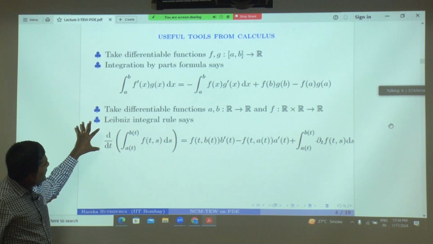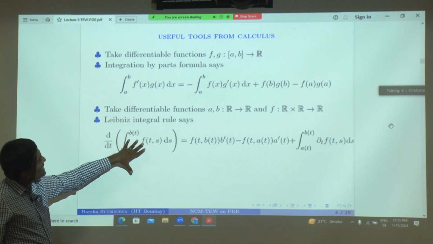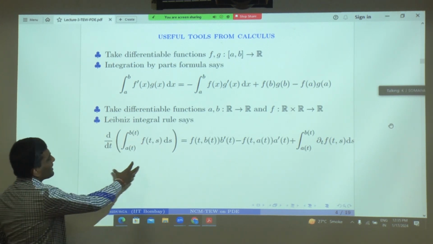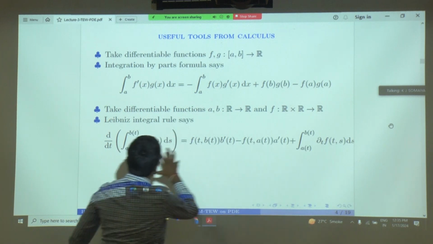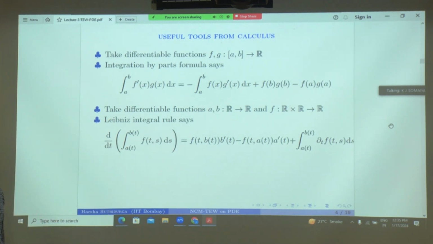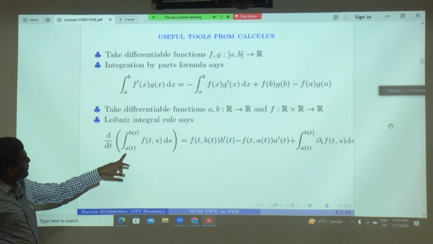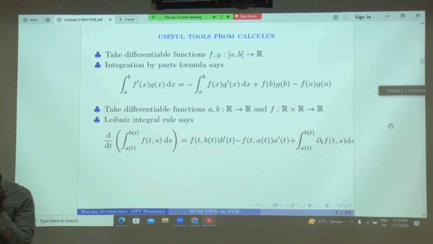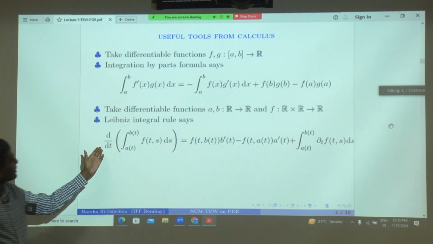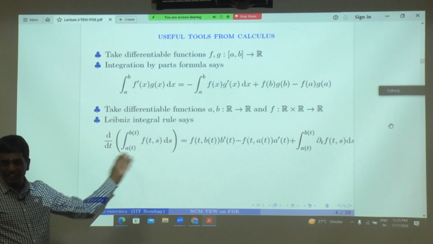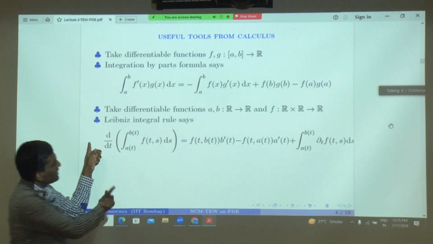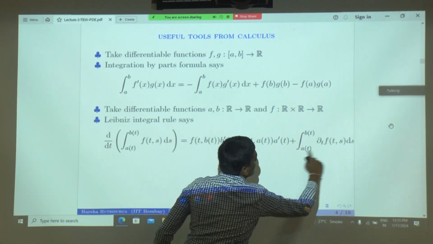So the way to remember this Leibniz integration rule is this. There are three terms when you differentiate. What is the obvious thing we would like to do? We would like to take the derivative inside and differentiate the integrand. That term is sitting here.